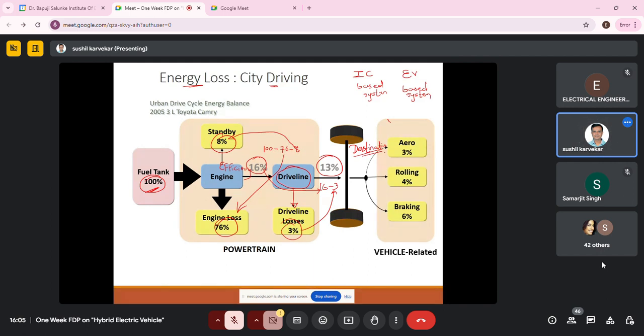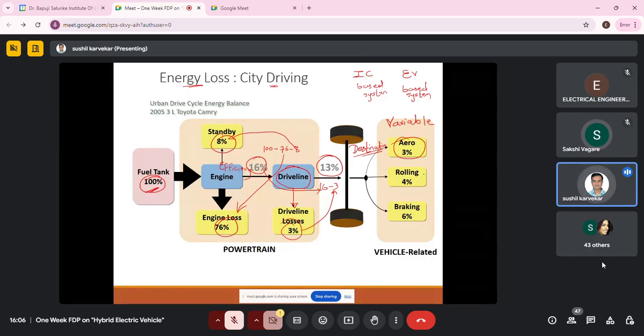And then we are also having the variable losses. These variable losses are going to amount to 3%, 4%, and 6%. So aerodynamic drag. What is aerodynamic drag?